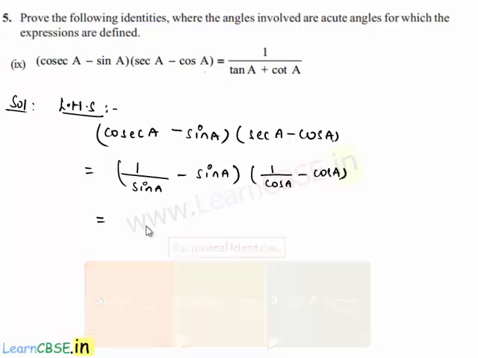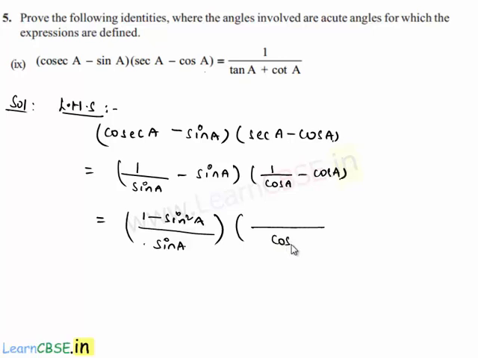which is equal to, let us take here LCM as sin A, then it becomes 1 minus sin square A in the numerator, and if we take cos A as denominator in the second term, then it becomes 1 minus cos square A in the numerator.